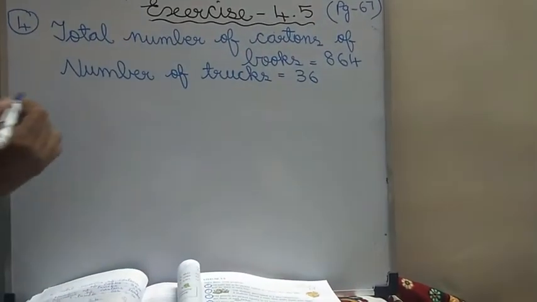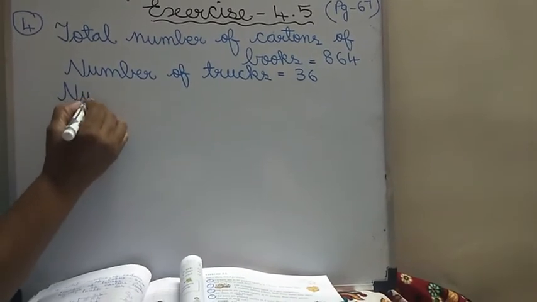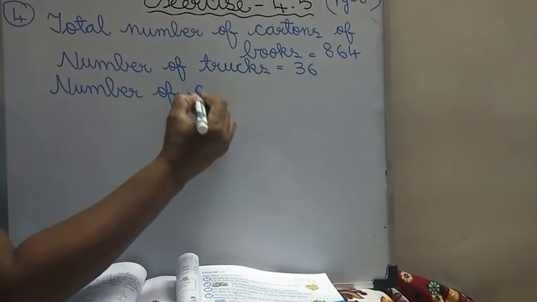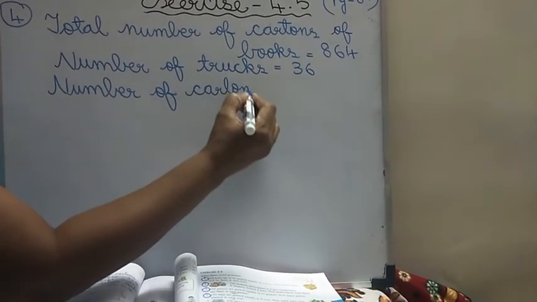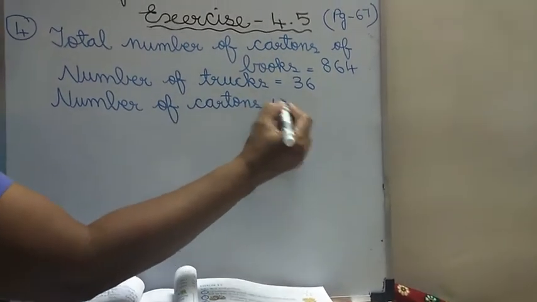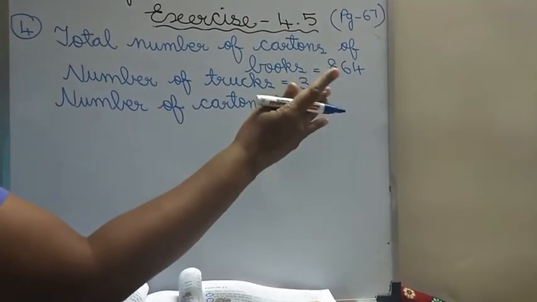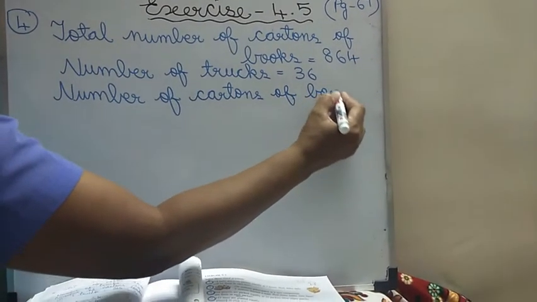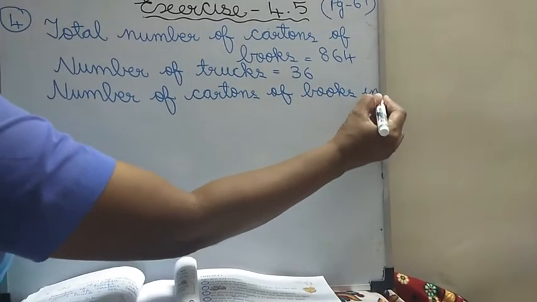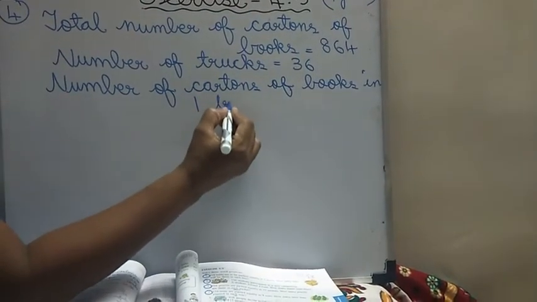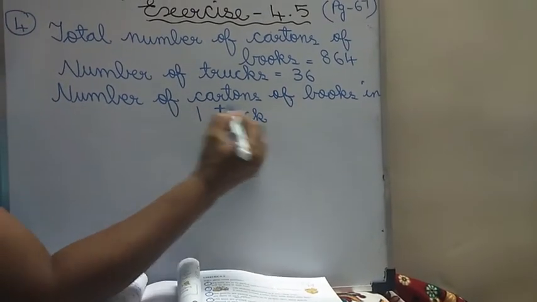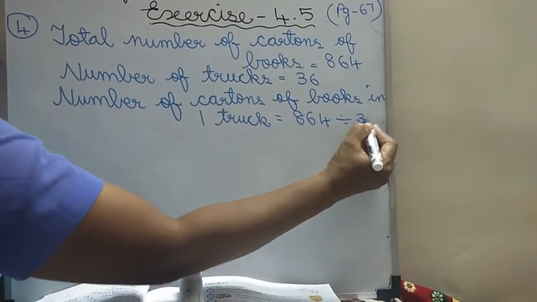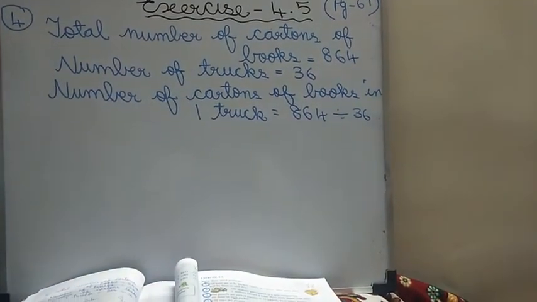So we have to find out the number of cartons of books in one truck. What answer we have to write? 864 divided by 36.